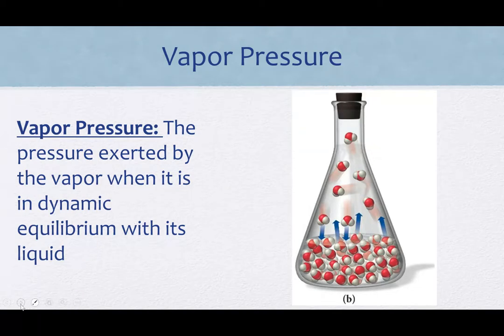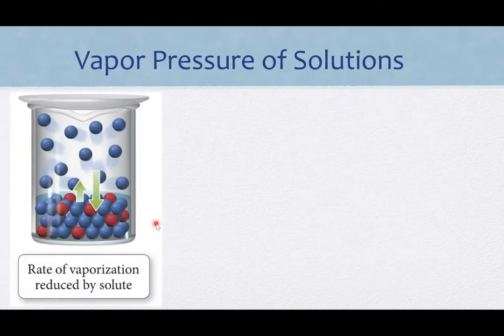So when we add a solute into this beaker, the rate of vaporization goes down, hence vapor pressure lowering. We kind of alluded to this. So the rate of vaporization goes down. Why is this the case?